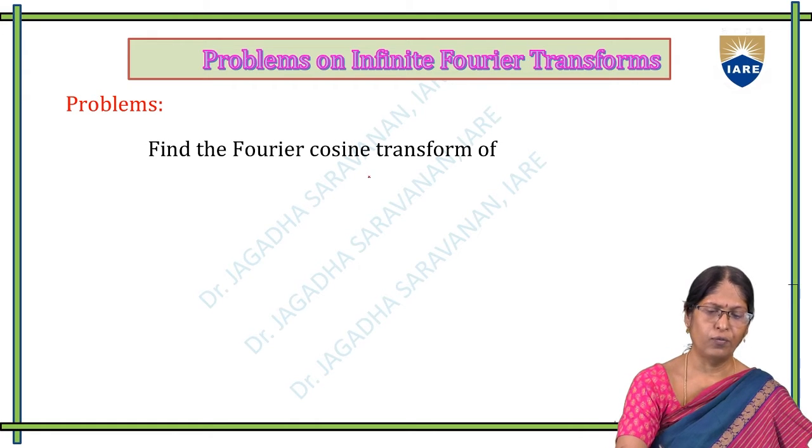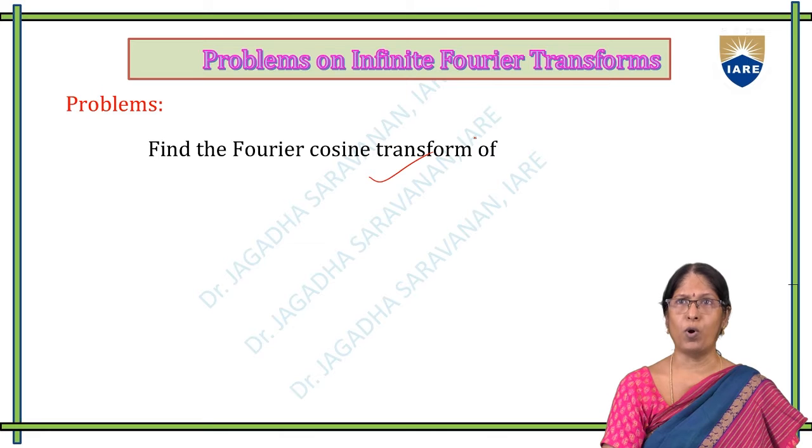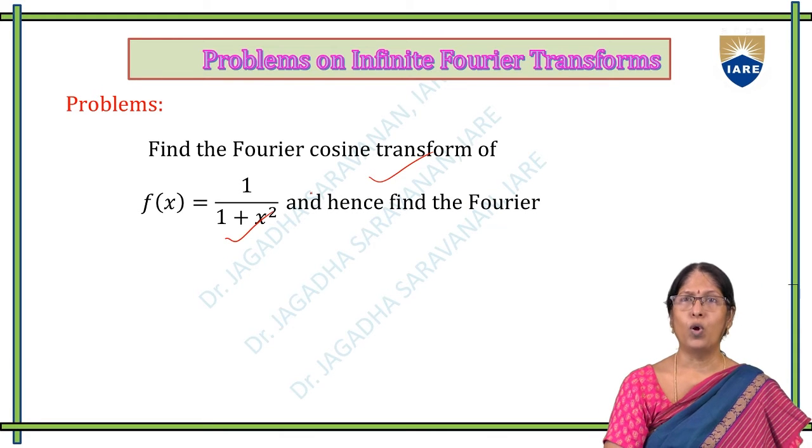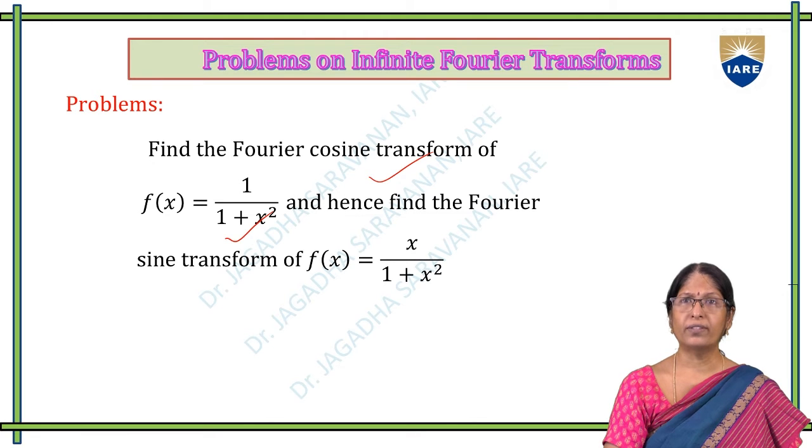Find the Fourier cosine transform of f of x equal to 1 by 1 plus x square, and hence find the Fourier sine transform of f of x equal to x by 1 plus x square.